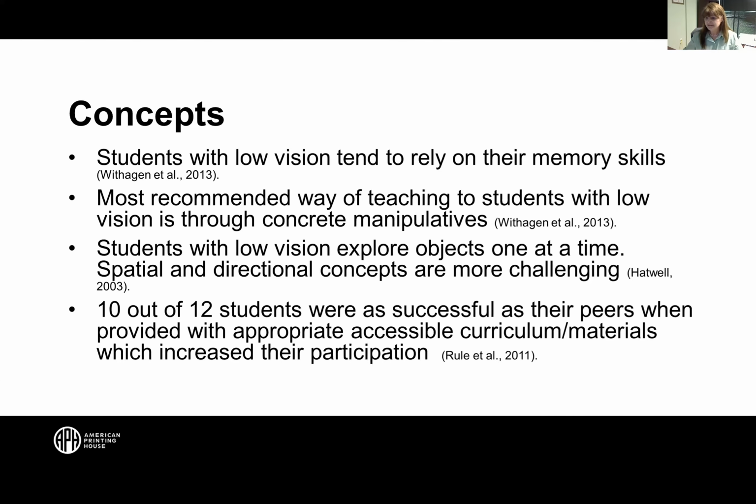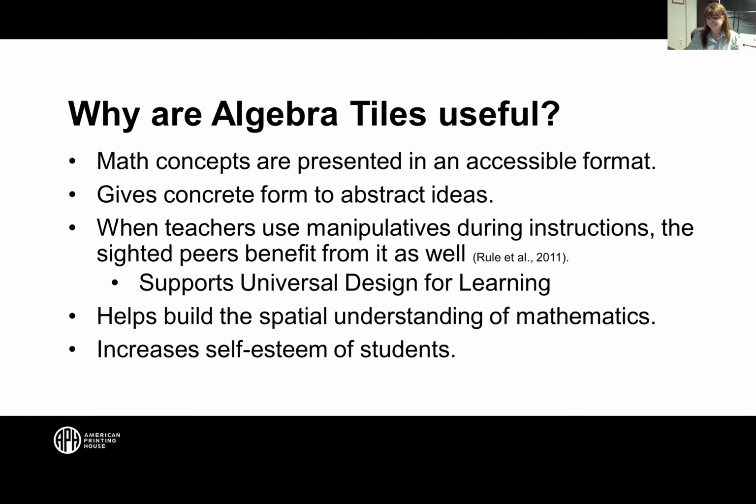And when everything is in place, when the teacher is doing proper instruction and the student has accessible materials, then the next thing in their toolbox is to have the curriculum, the materials they need. And research supports that 10 out of 12 students are going to be successful with that. So that's our hope in doing this presentation with you today, is for you to understand why it's so important for you to give this to your students.